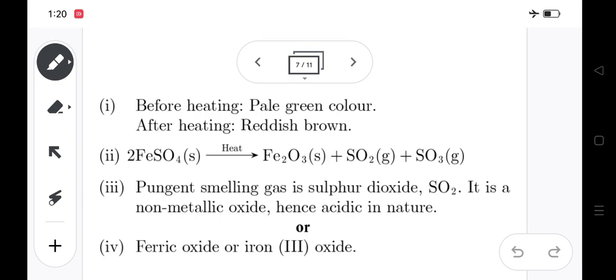Pungent smelling gas is sulfur dioxide SO2. It is a non-metallic oxide. We learned that metal oxides are basic in nature and oxides of non-metals are acidic in nature. Hence it is acidic in nature. Or the question is ferric oxide or iron 3 oxide, and the formula is Fe2O3.